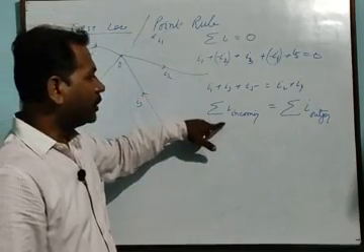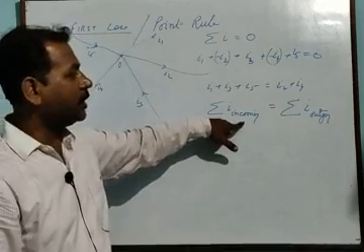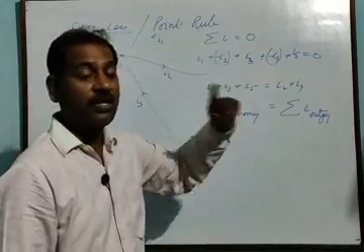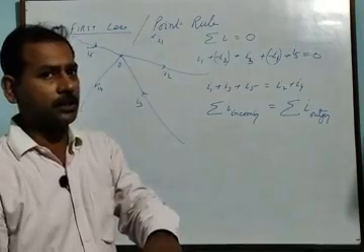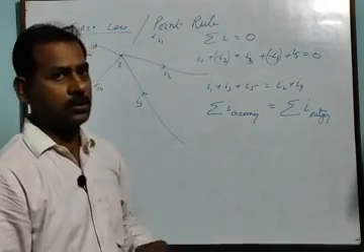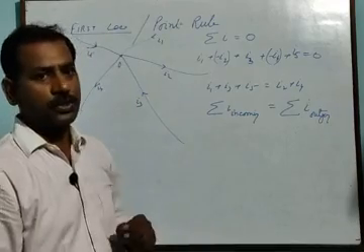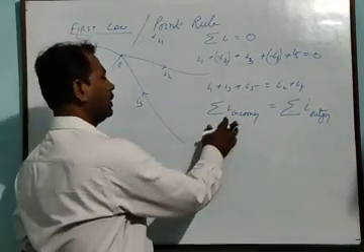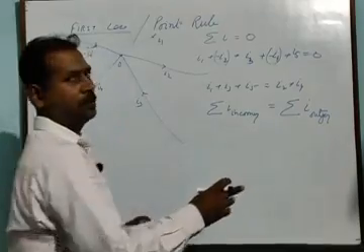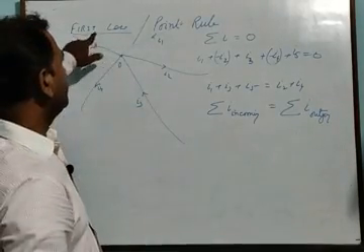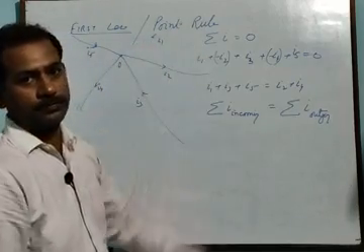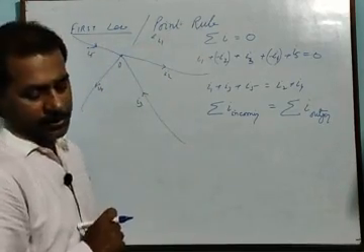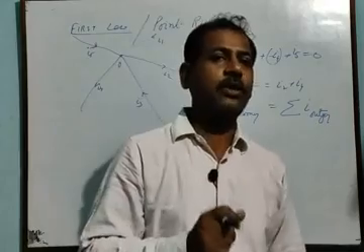From that, we conclude that net incoming current is equal to net outgoing current, but this is valid only for the junction, not along the path or in between two junctions. It is possible only for the junction, for the point, and that's why it is called the junction rule or point rule.